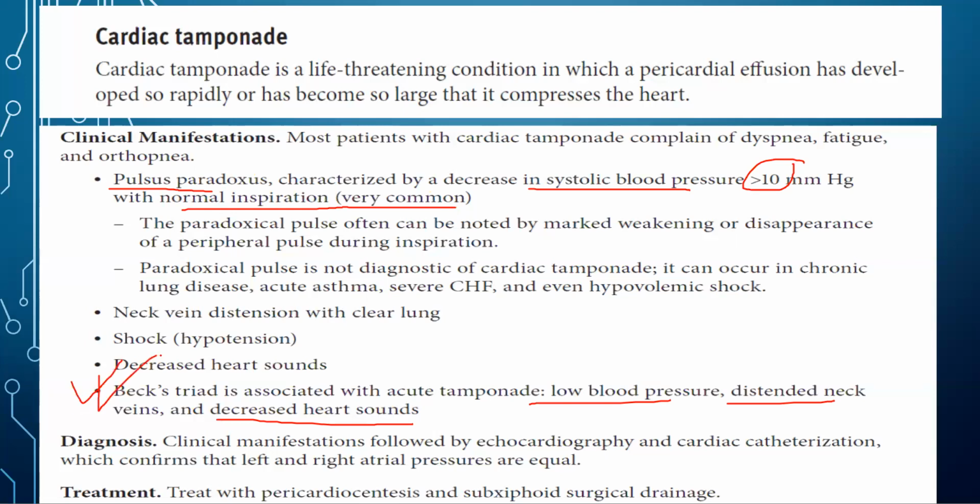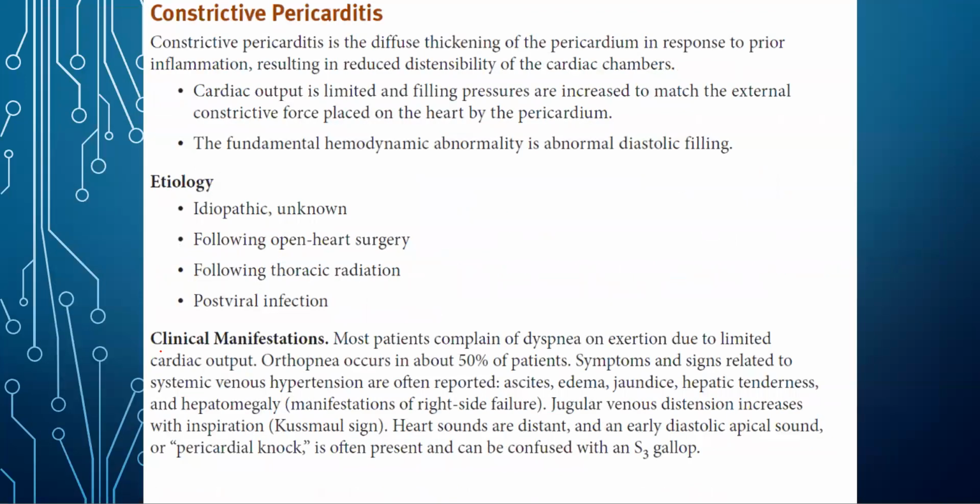So if you find muffled heart sound, raised JVP, low blood pressure, and the patient having dyspnea, shortness of breath, orthopnea, fatigue, you should think about cardiac tamponade. Do a bedside echocardiogram and immediately do pericardiocentesis, which means inserting a needle in the pericardium and aspirating the blood or fluid. So that's your cardiac tamponade.